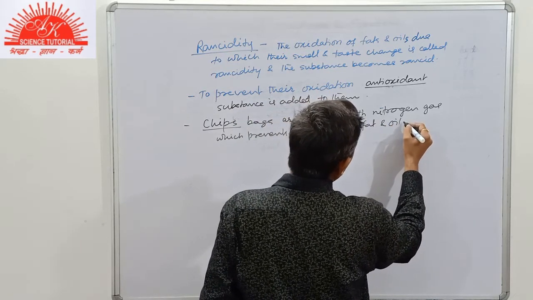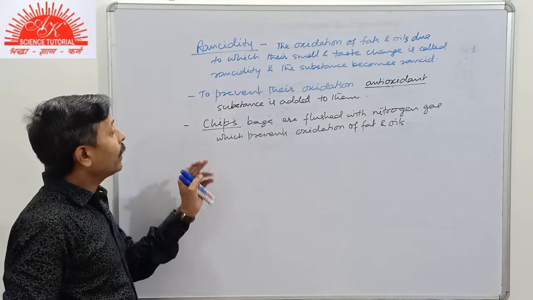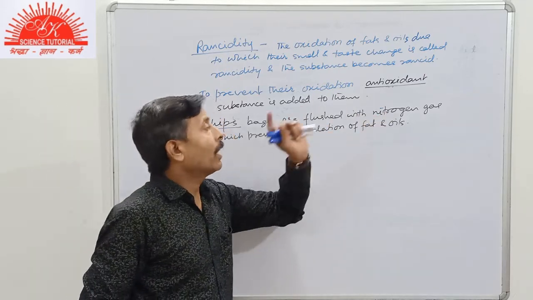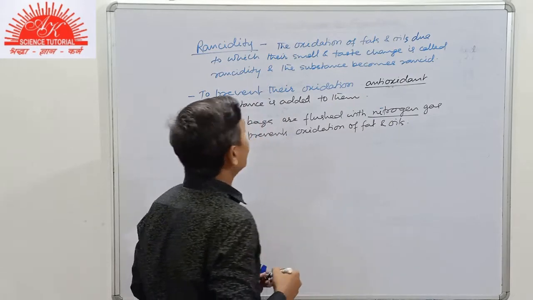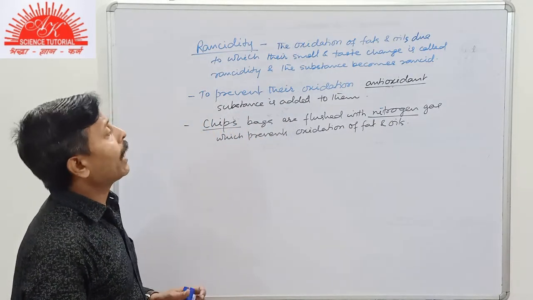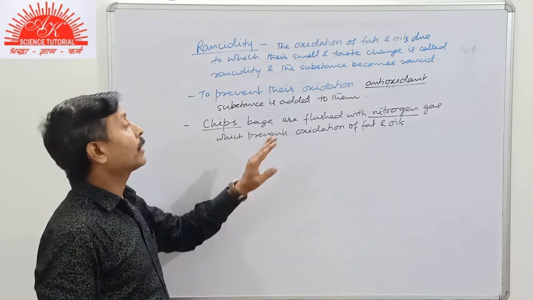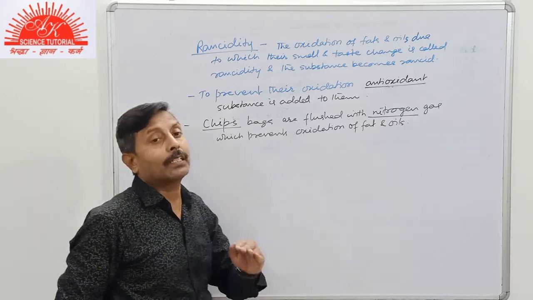So when fried items containing fats and oils are required to be stored, they are flushed with nitrogen gas, which will behave like an antioxidant substance. Clear, student? So many packaged food items are flushed with nitrogen or have other chemical antioxidant substances added to them.